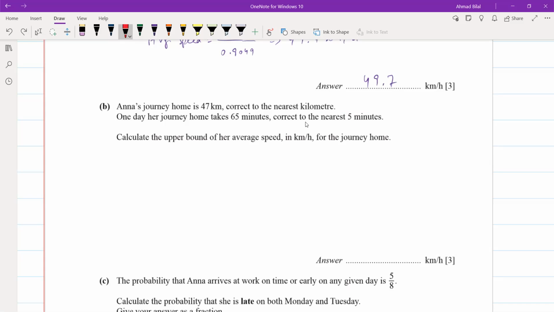Okay. अब देखिए उसने आपको दोनों values to the nearest something दी हुई है. So 47 is given to the nearest kilometer. इसका मतलब क्या है? जो असल value है यहाँ पे, remember हम क्या करते थे यहाँ पे nearest 1 kilometer है ना यहाँ पे, so we divide 1 by 2. जो असल value है इस distance की, that is 47 plus minus 1 over 2.